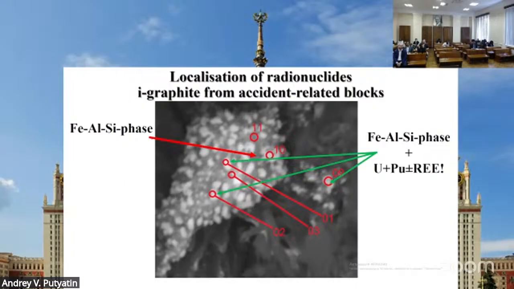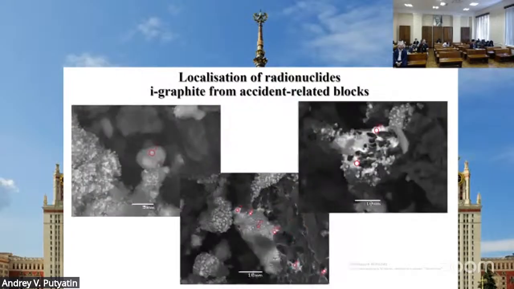So this is a piece of graphite covered with some silicates. Silicates are coming from river water, which was used to cool the core after the accident. And some of them contain plutonium, uranium, and other radionuclides. These, for example, are very small particles, micron size or even less.